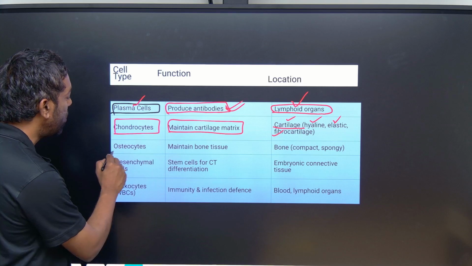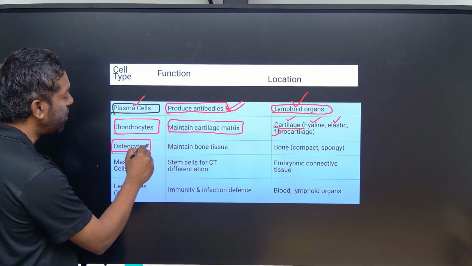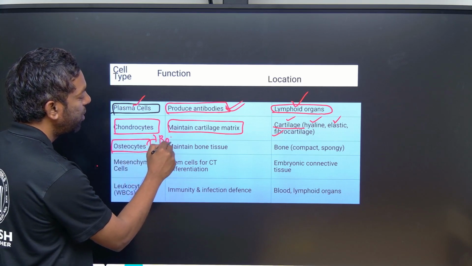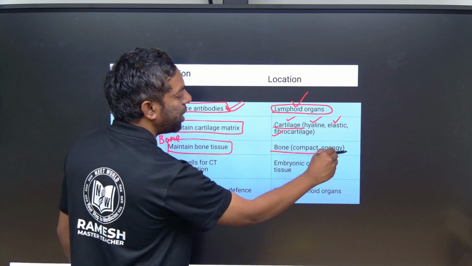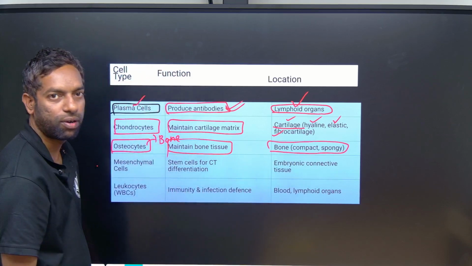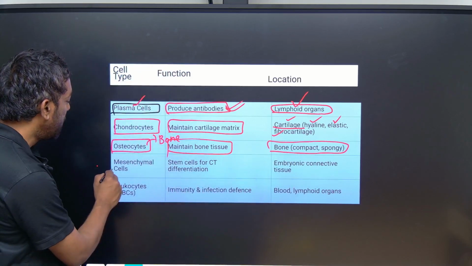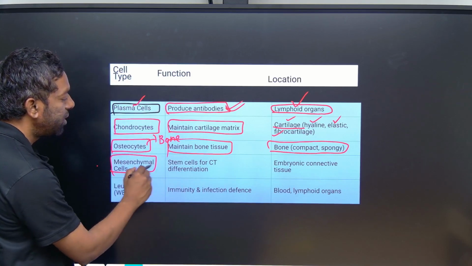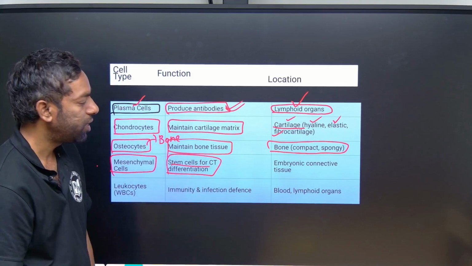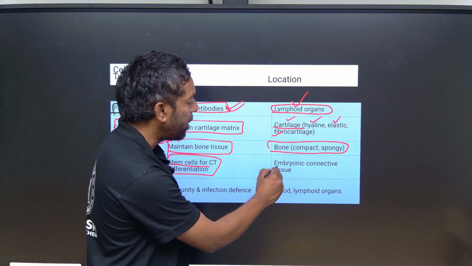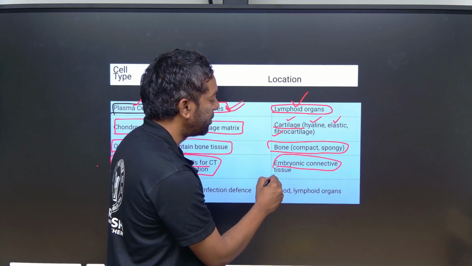Osteocytes, osteo means bone, maintain bone tissue. It is compact bone and spongy bone. Mesenchymal cells are the stem cells for differentiation of the connective tissue, found in embryonic connective tissue.